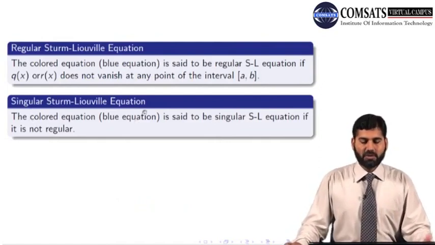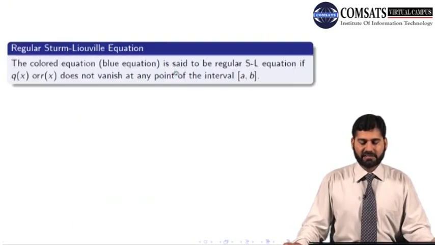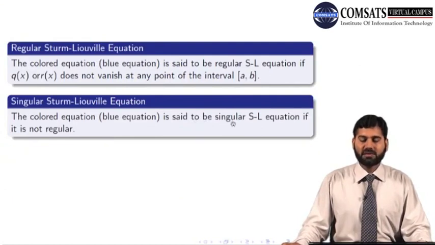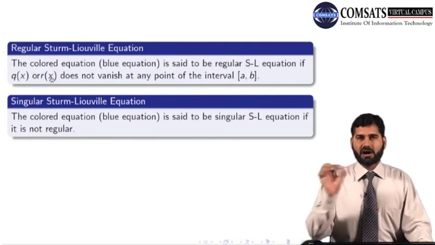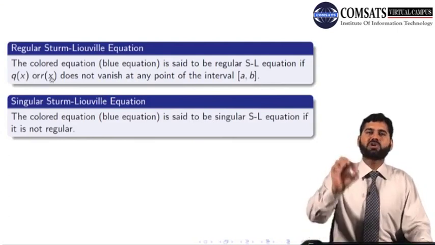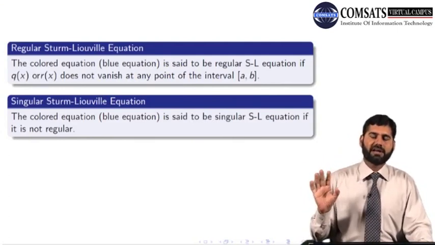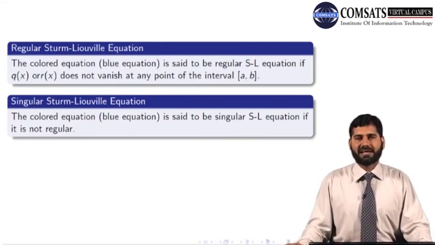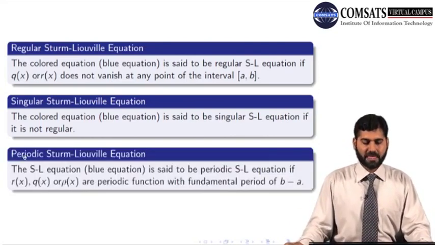The SL problem is said to be singular if it is not regular. If one of them, r(x) or q(x), becomes 0 somewhere, then this will be a singular SL equation.